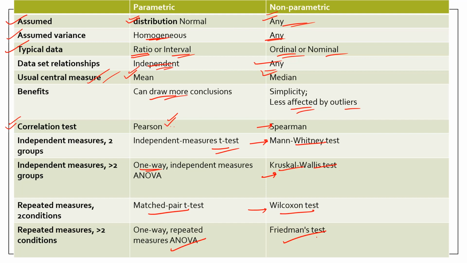So for every type of data we may use the parametric or non-parametric test, depending on whether the data fulfills the assumption of normality of distribution or not. So I hope you understand why understanding parametric and non-parametric tests is important.